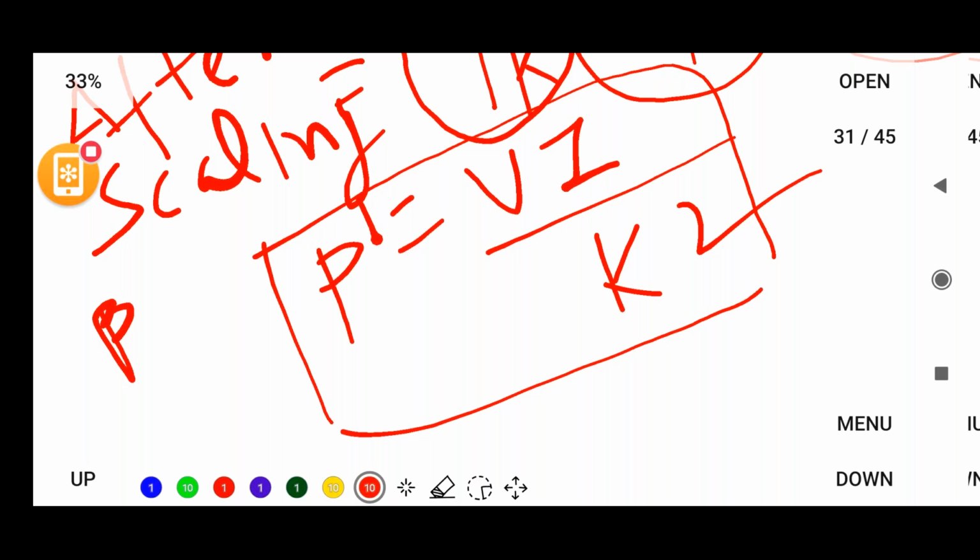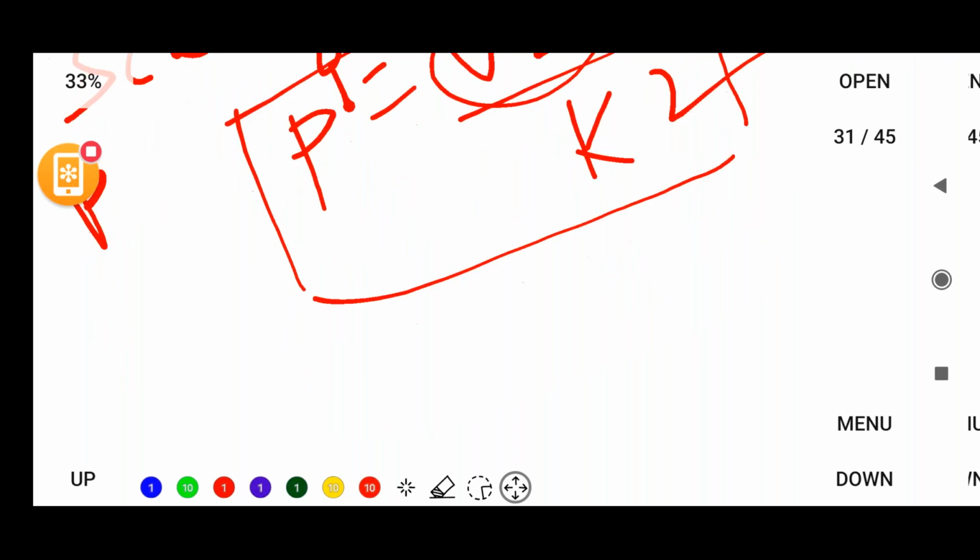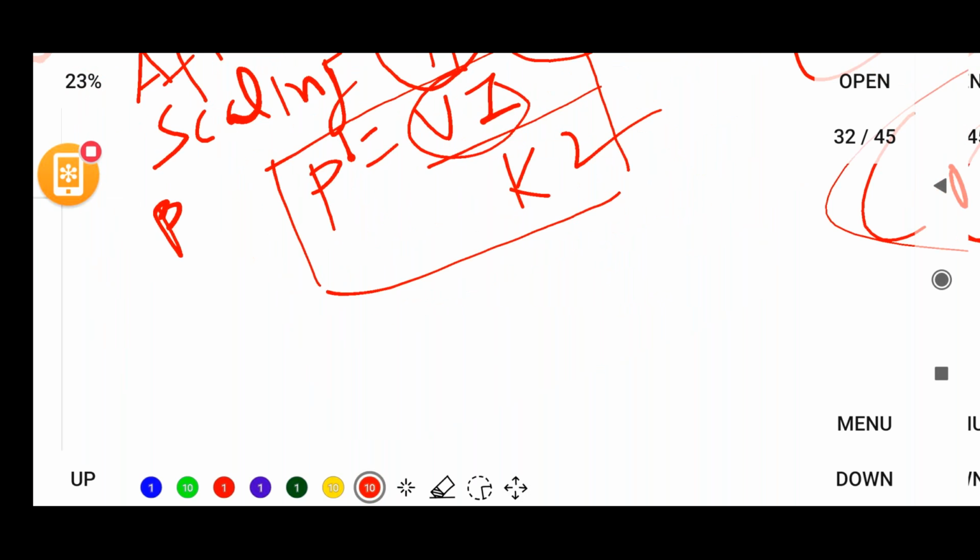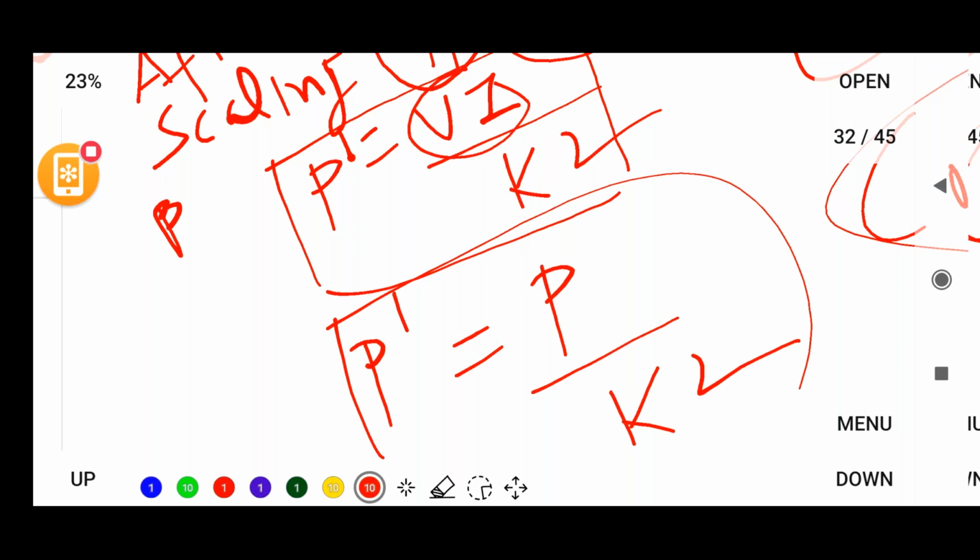Now observe, what is VI? VI is equal to P. So after some simplification, what is the actual formula? P dash is equal to P by K square. This is the power consumption after scaling.